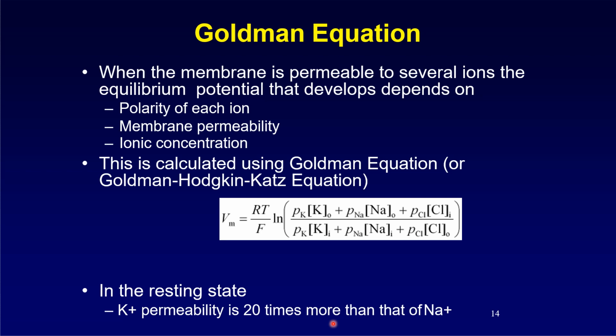From this Goldman equation, we can get various inferences: the most important ions for development of membrane potentials in nerve and muscle fibers are these three. That's why we have taken in the formula only these three ions. The voltage of the membrane potential is determined by the concentration gradient of these ions, and the degree of importance of each ion in determining the voltage depends upon the permeability of individual ions.